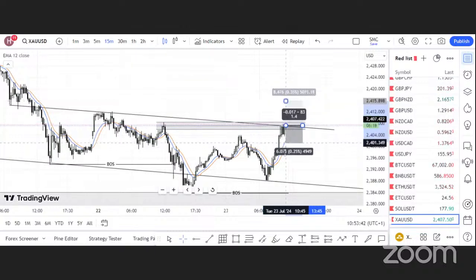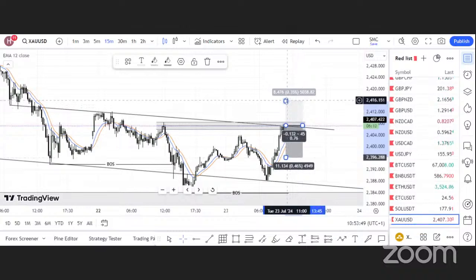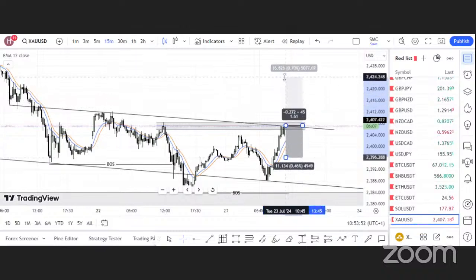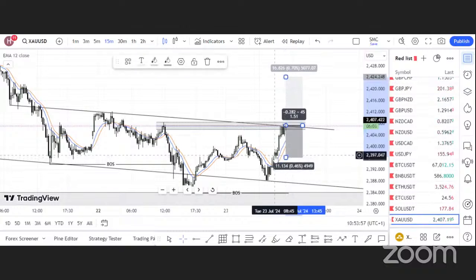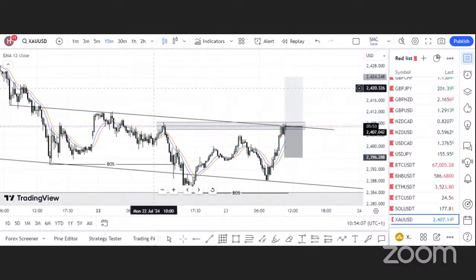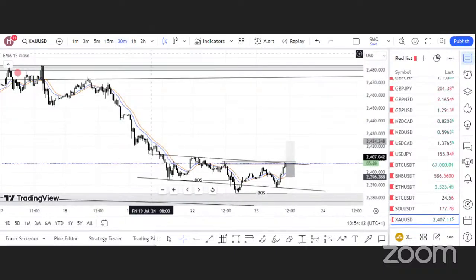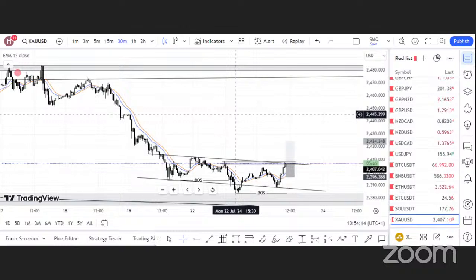But if you want to stay in the market for 4 hours, 5 hours, then set your take profit around here and make sure your stop loss is below the previous level. All right. So we have less than 6 minutes to the end of this current candle.